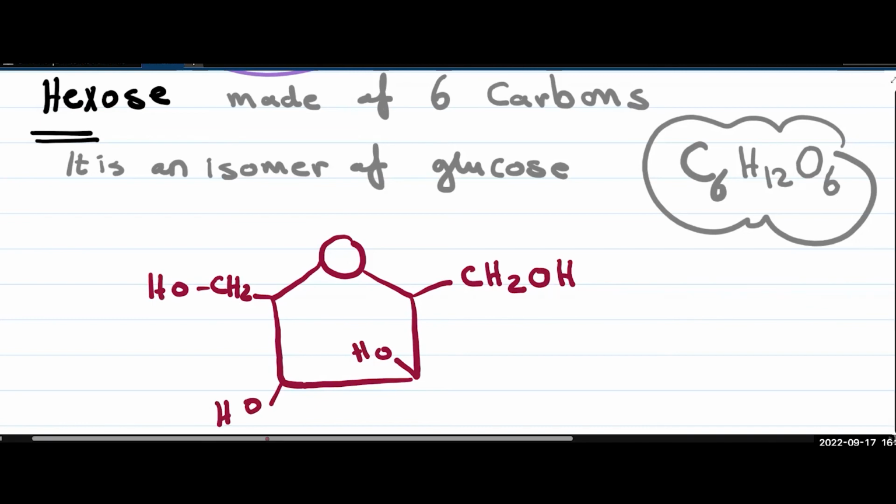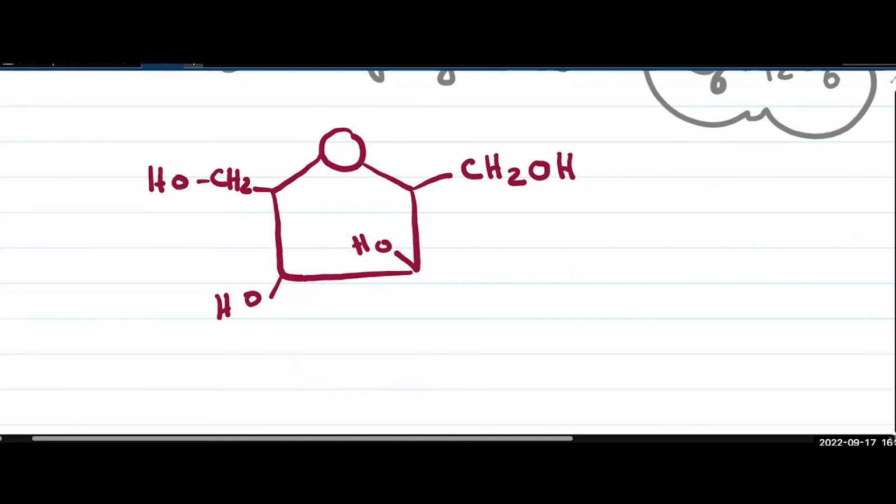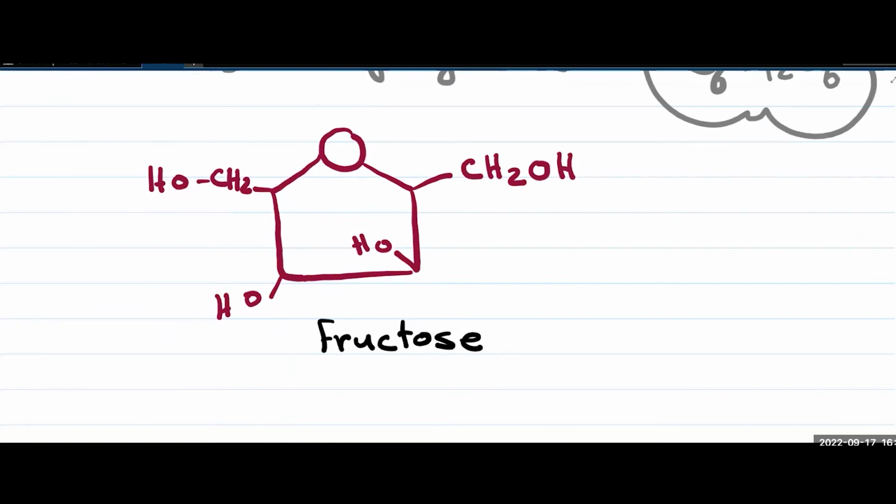That's it. So the difference between fructose and glucose is the structure, but they have the same number of carbon and hydrogen. I usually draw it like a man who has a head and 2 arms, and each arm is CH2OH. This is the structure of fructose. Directly you will go to the ring structure of fructose. Is it hard?